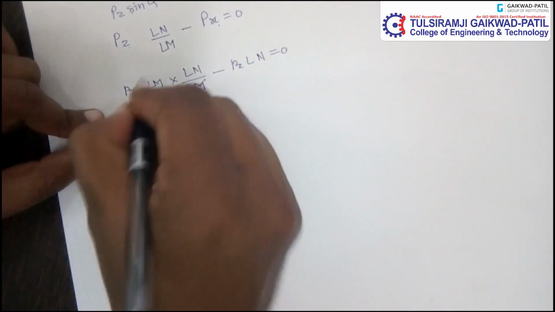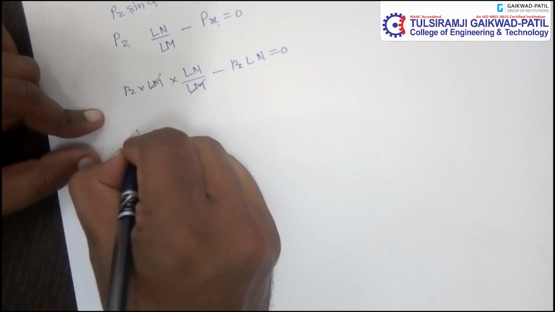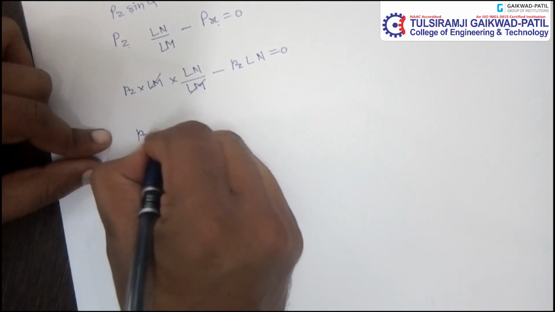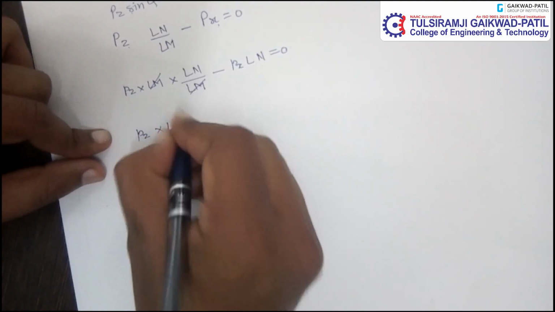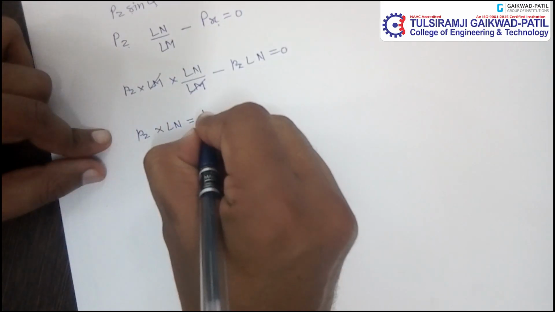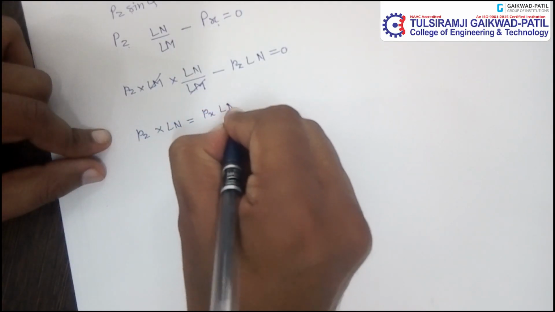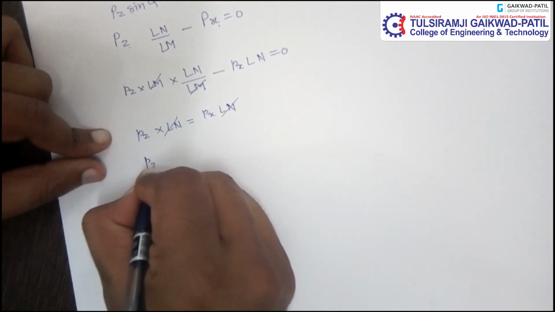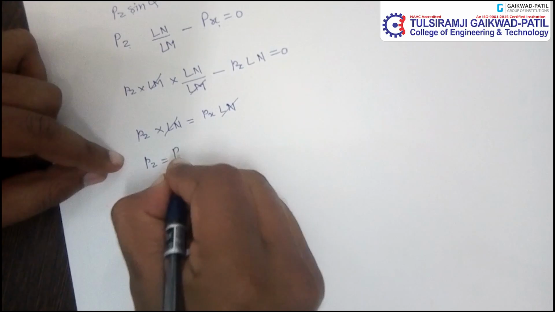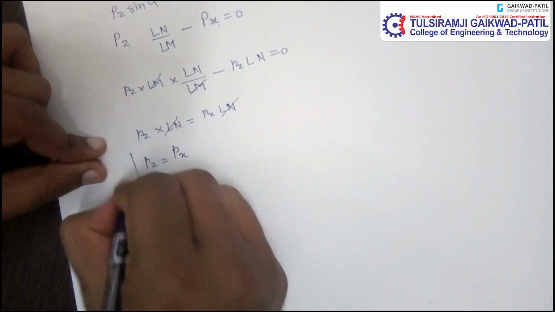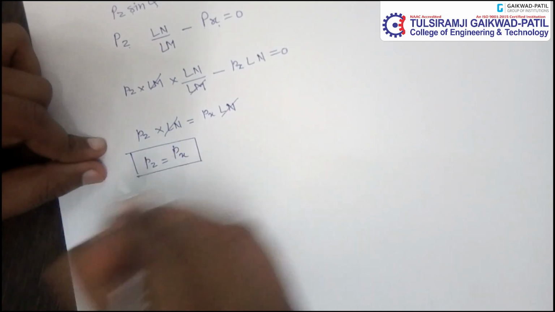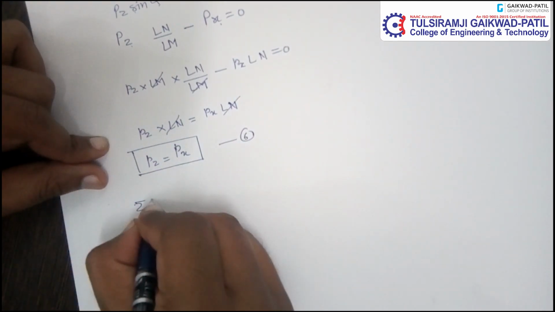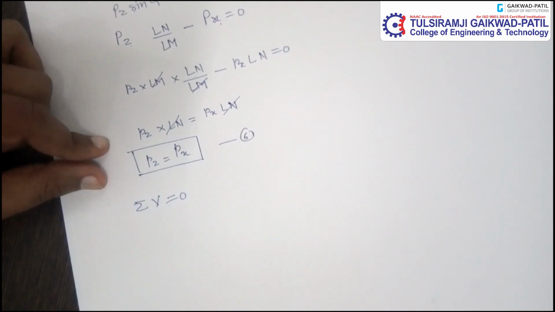Therefore this LM gets cancelled. Small pz into LN is equals to, माइनस साइन को उधर लेके जाएंगे तो क्या बचेगा, small px into LN, again LN गेट कैंसल, तो क्या मिलेगा, small pz is equals to small px. तो this is equation number 6.